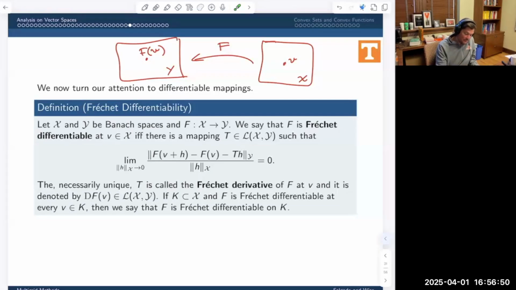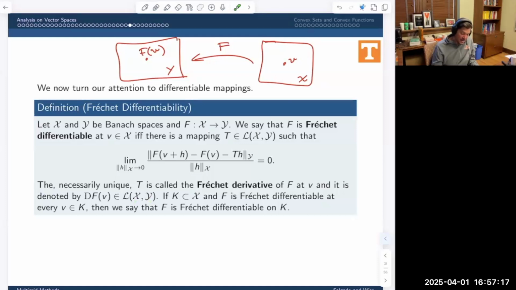What else can we say about this? Well, let's give it a more proper name. Instead of calling it t all the time, let's call it df of v. So for every fixed v, we're going to generate a new mapping. It's going to be a bounded linear function from x into y, or a bounded linear operator from x into y.